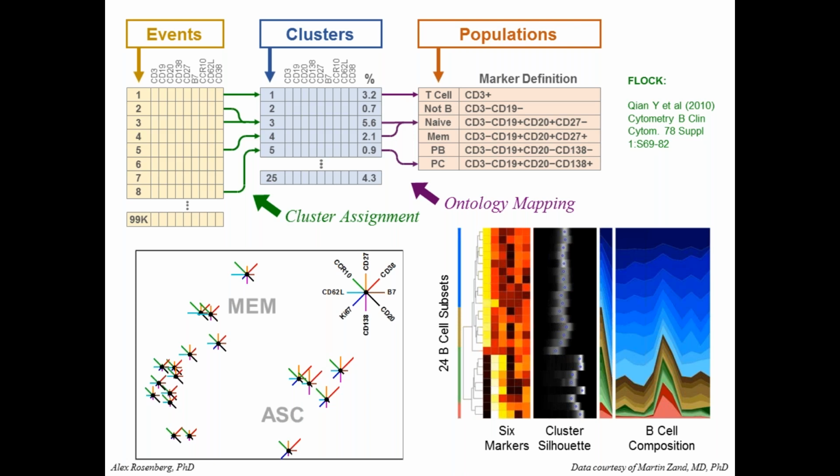And so you can get that data out, you can look at the centroids, and it may be a pattern of markers that don't correspond to any known population that have been annotated. And so that's how you would have to go about doing that. Does that answer your question? Yeah. Okay, thanks.